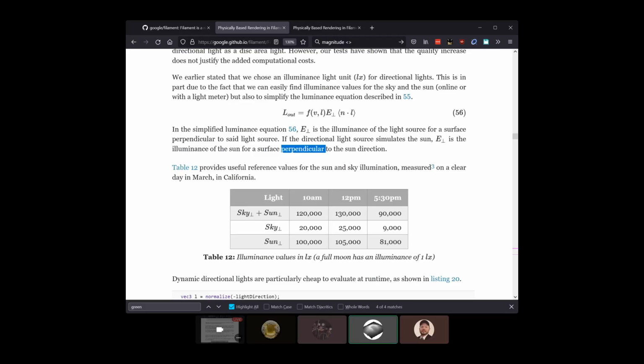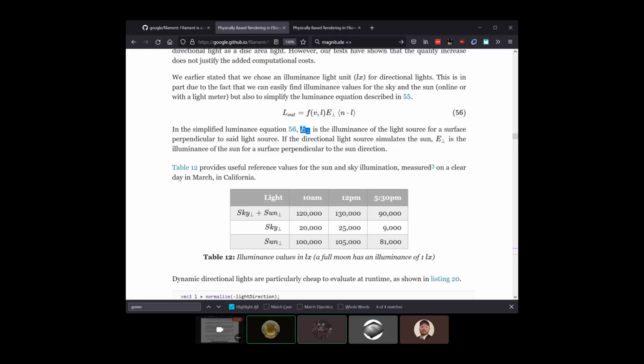Okay, in the simplified equation, E_t, with the upside down T, is the illuminance of the light source for a surface perpendicular to said light source. When I imagine a light source that's perpendicular to the surface, I imagine zero as the illuminance. Is illuminance something different than what I'm imagining?